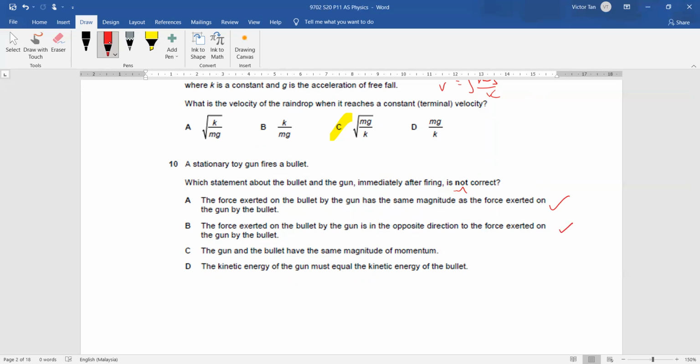Yes, Newton's third law. The gun and the bullet have the same magnitude of momentum. Yes, magnitude. The kinetic energy of the gun must equal the kinetic energy of the bullet. Okay, yes, not necessarily so. So answer is D.